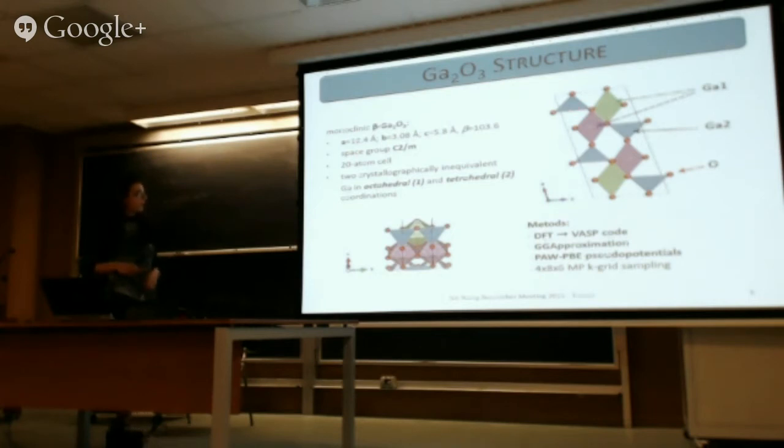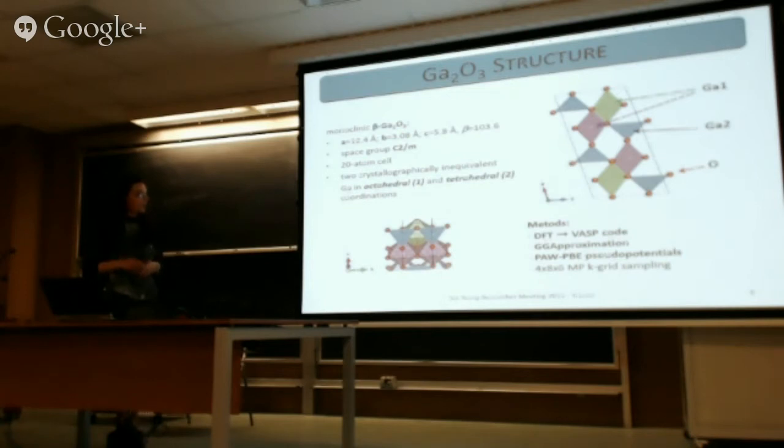As you can see, the crystalline structure can be seen as a double chain of edge-sharing octahedra linked by a chain of tetrahedra in the b direction.